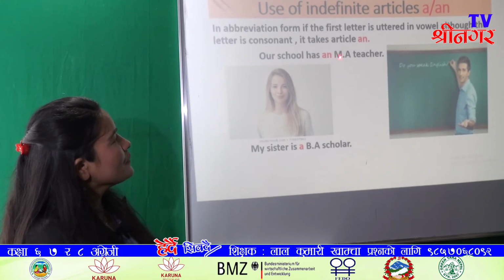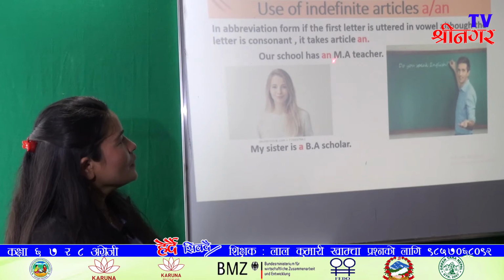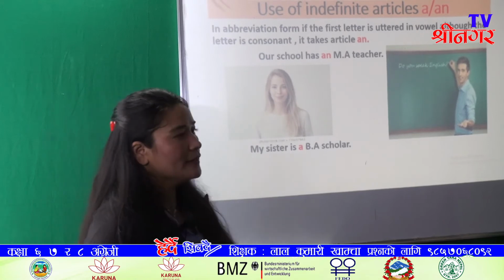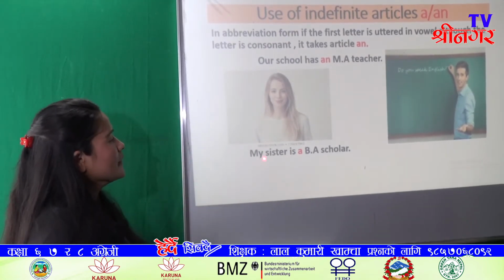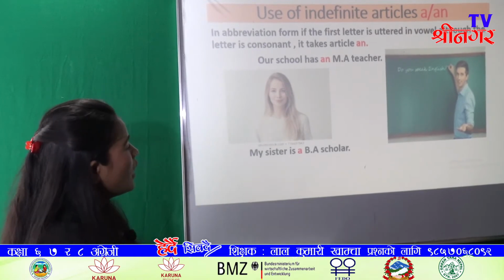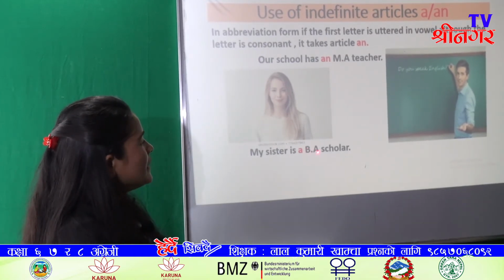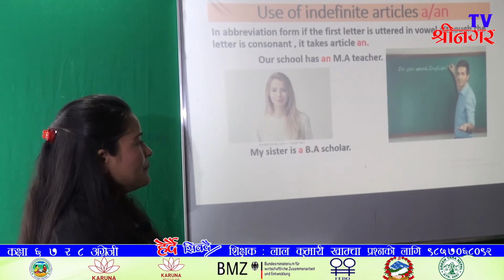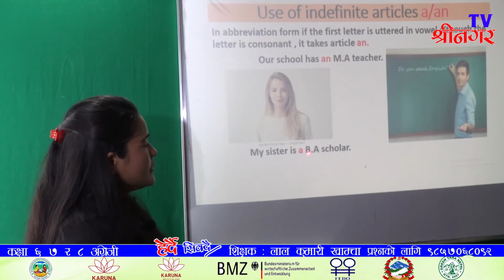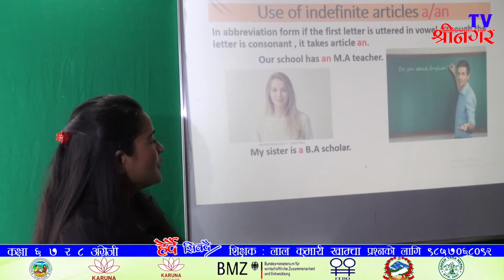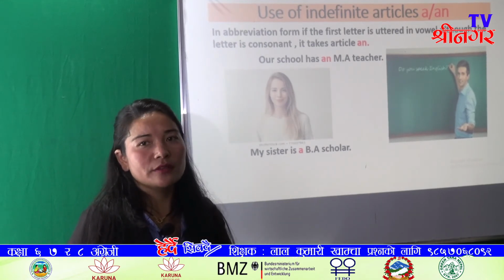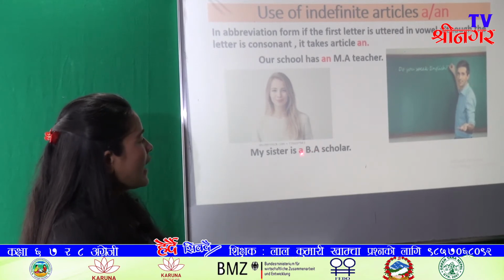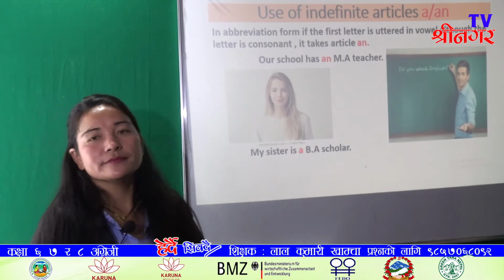So here before MA we have used an. And in the next sentence, "My sister is a BA." Here BA is an abbreviation form, and this letter B is pronounced as a consonant sound. So before a consonant sound we have used article a.